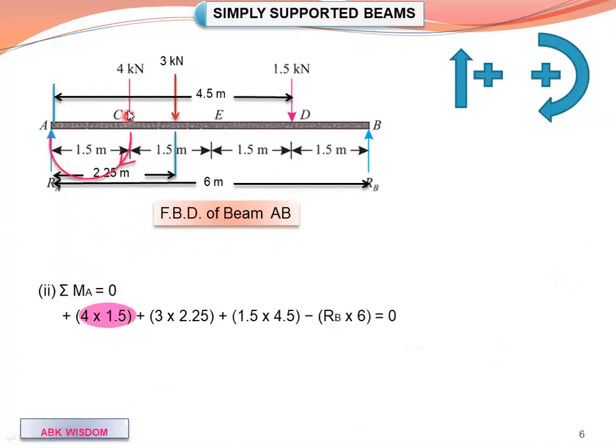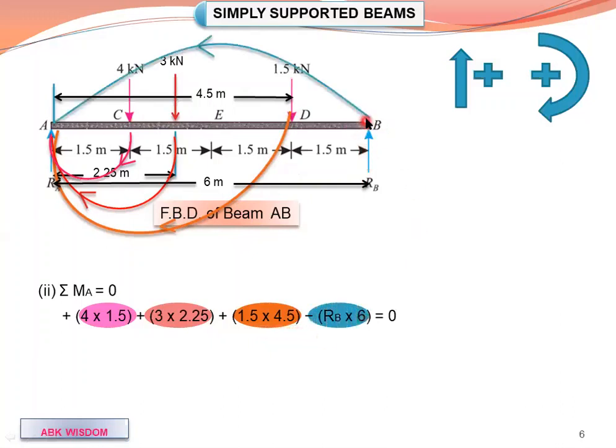You can see that this 4 kilonewton force, which is acting vertically downward, if you take moment about A, is acting in the clockwise direction, hence plus 4 into 1.5. The second force is 3 kilonewton acting downward. Again taking the moment about A, it is 3 into 2.25. And finally, the third force of 1.5 kilonewton is also acting in a clockwise direction, plus 1.5 into 4.5.